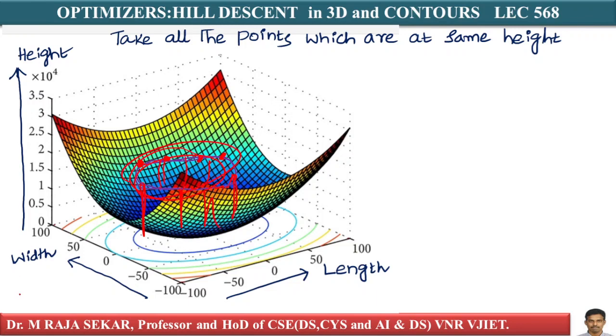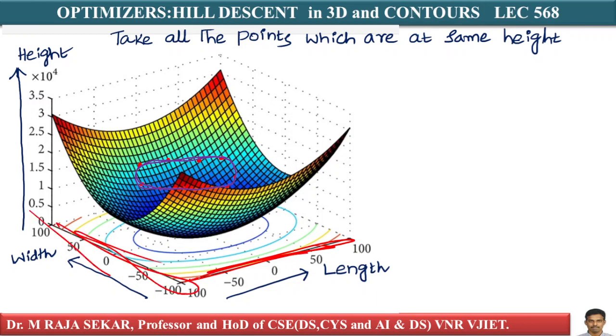I'm connecting all the points which are at same height, because visualizing in 3D is very hard, because you can't plot 3D on 2D. People try to visualize your 3D function in 2D, because this is a 2D surface, W1, W2.